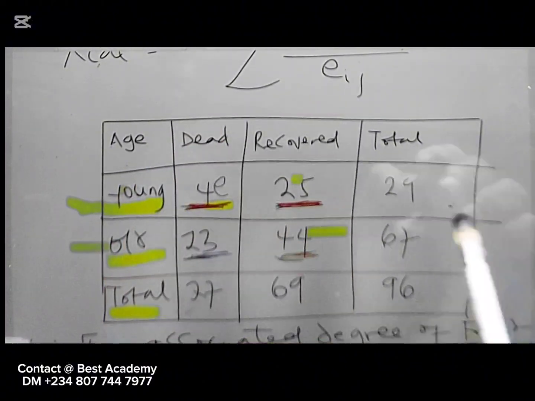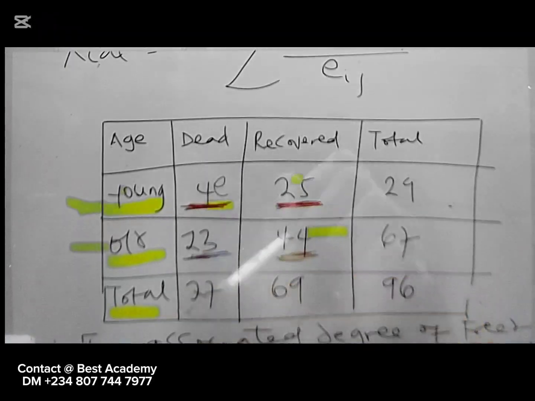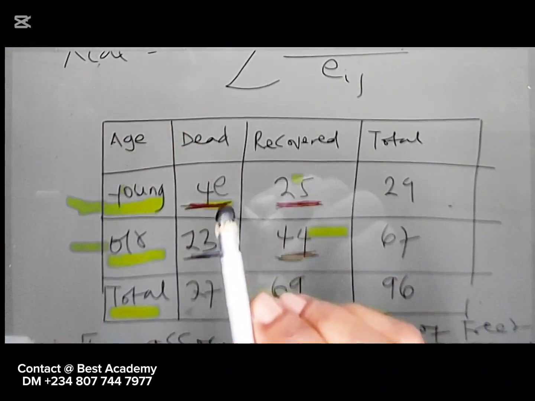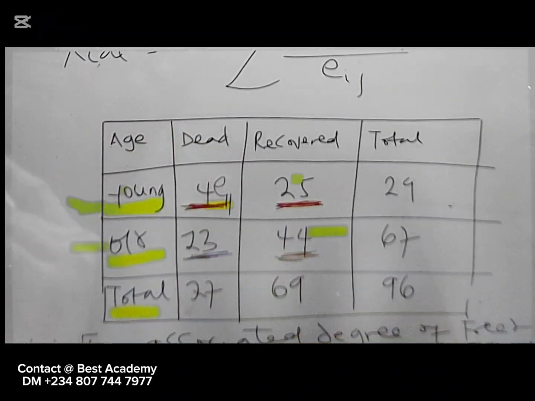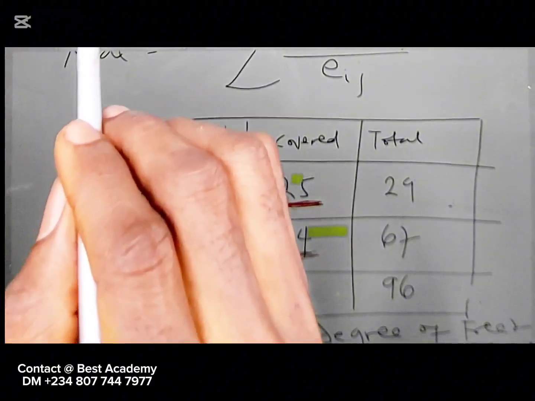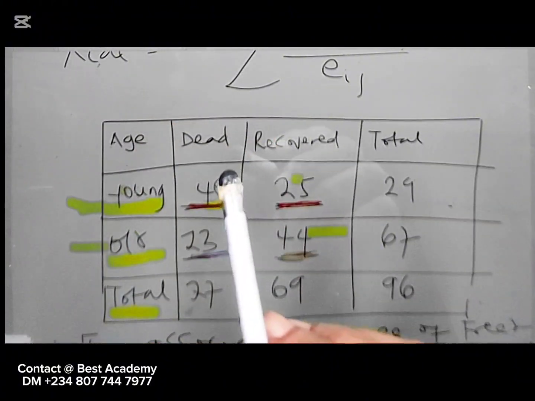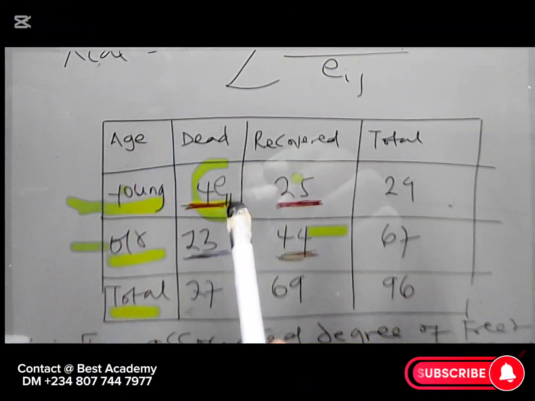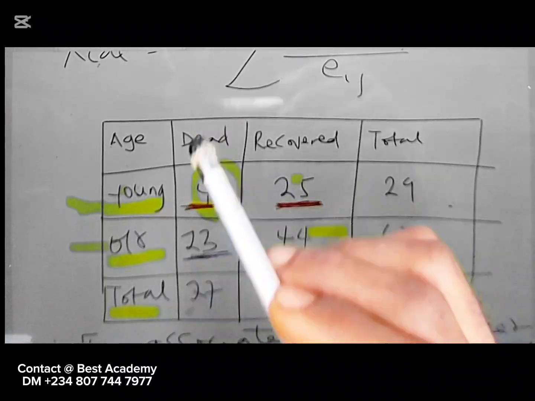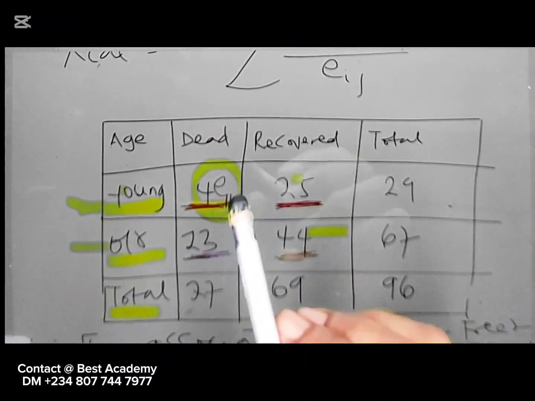This will be row 1, and in terms of column it is column 1. So this is going to be E of 1 1. Listen carefully: the row where this E is located is row 1, and the column is also column 1, so I say E of 1 1.